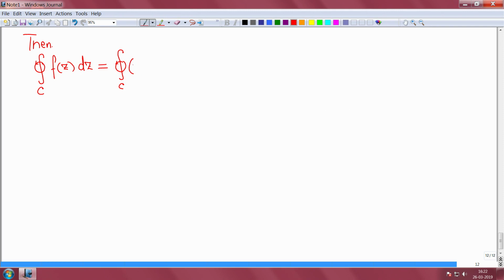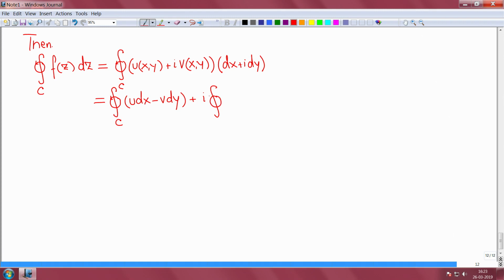With f equal to u of x, y plus i v of x, y, and dz equal to dx plus i dy, that is now equal to, separating the real and imaginary parts, the integral over the closed contour C of u dx minus v dy, plus i times the integral over the closed contour C of v dx plus u dy.